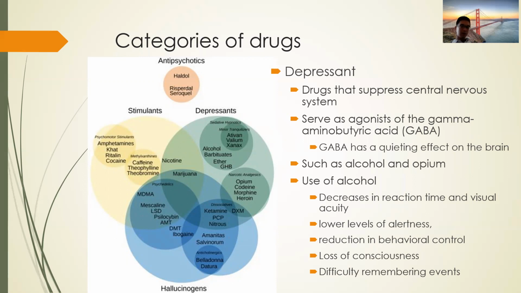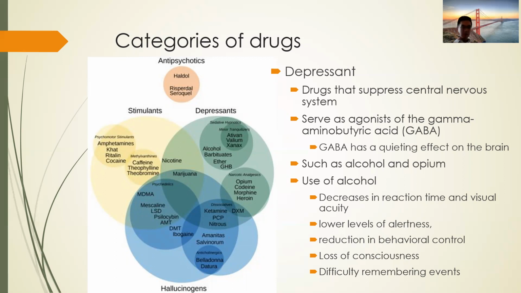You can see on the left, there's a graph showing different kinds of drugs categorized in different categories. One category is called depressants. These are drugs that can suppress the central nervous system. The nervous system is depressed, is suppressed. So that's why this kind of drug is called a depressant.